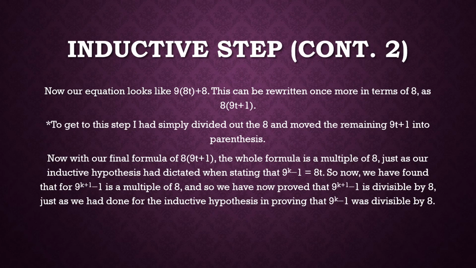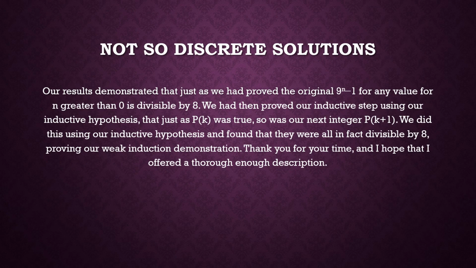And of course, because it's in terms of 8 and 9t plus 1 is in parentheses, this does in fact prove that 9 to the k plus 1 minus 1 is divisible by 8. Our final formula of 8 multiplied by 9t plus 1 is in fact divisible by 8. So this proves our inductive step, saying that 9 to the k plus 1 minus 1 is in fact divisible by 8. Thank you guys for listening, and this has been Anya.